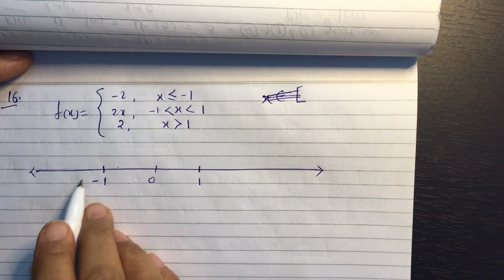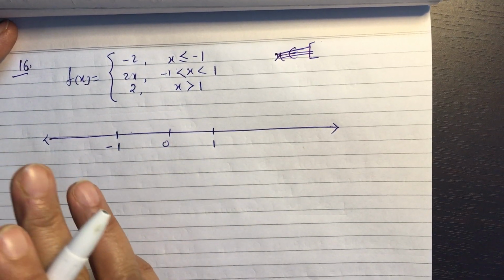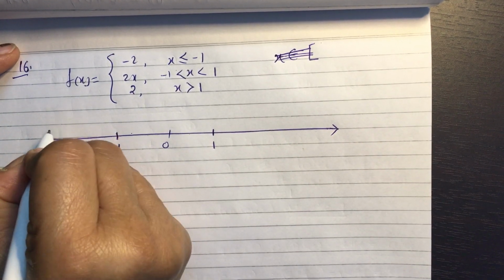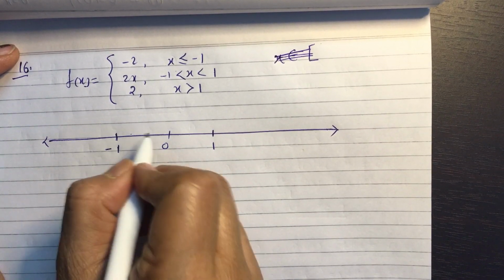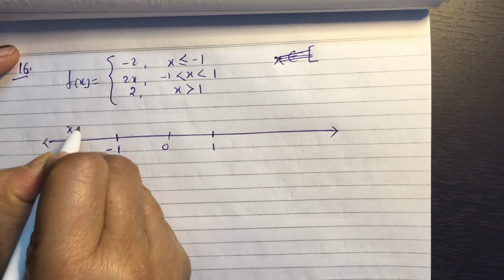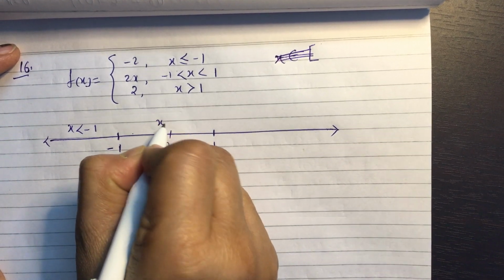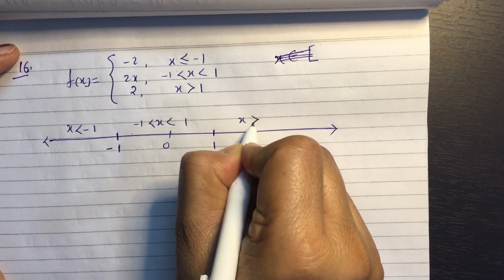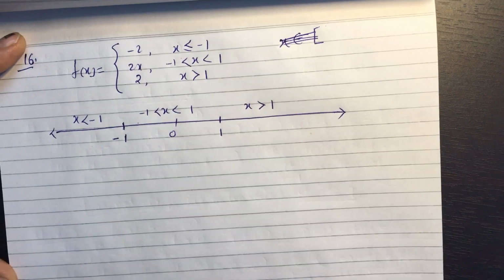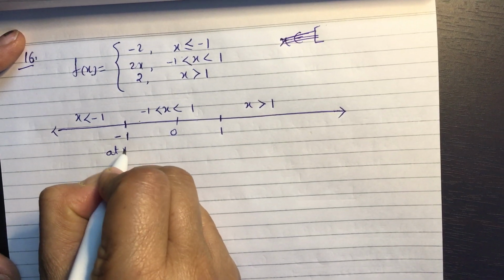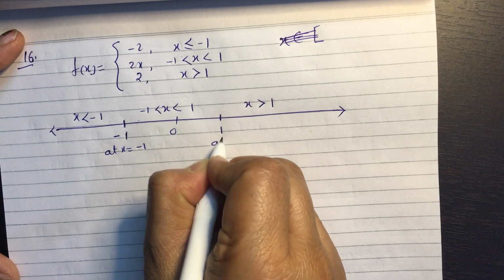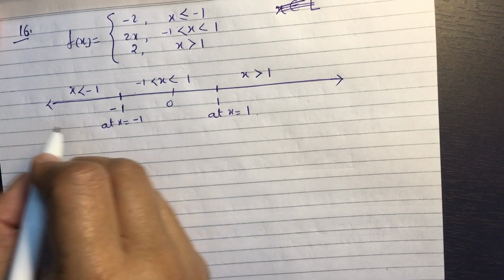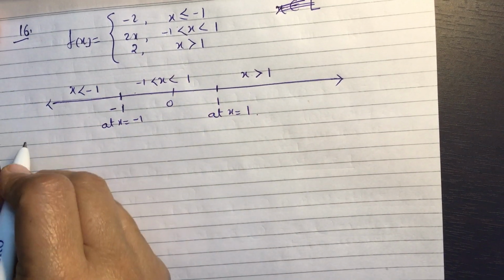So here it is basically the question which is defined on the real line. So we divide it into various intervals like x less than -1, x lying between -1 and +1, and x greater than 1. Then at x equal to -1, at x equal to 1. Okay, so let's first do the three intervals.